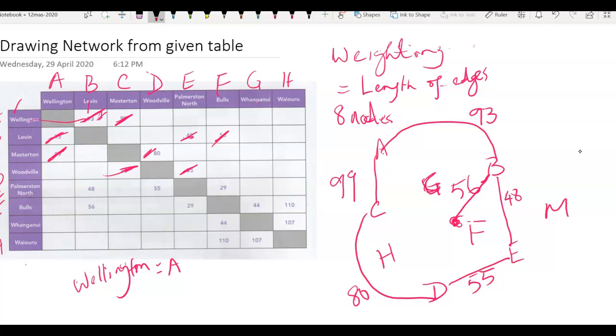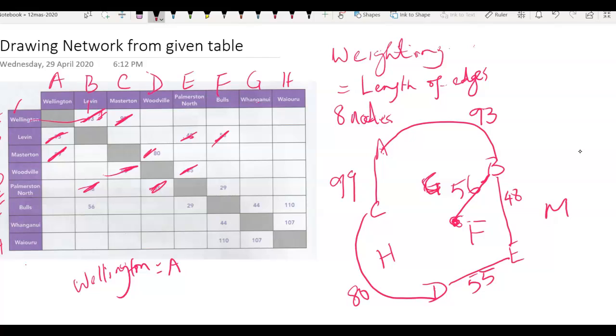B and E is 48, which has already been drawn. D and E: have I drawn D and E? Yes, 55, so that's gone.